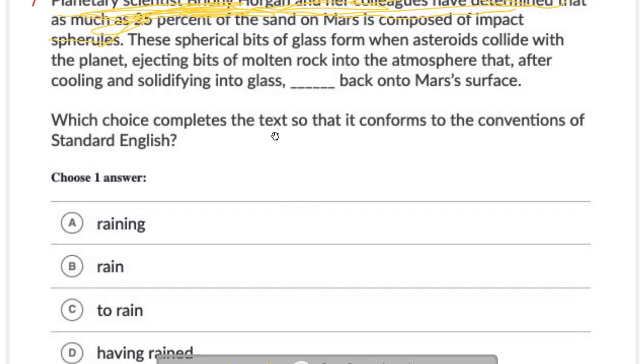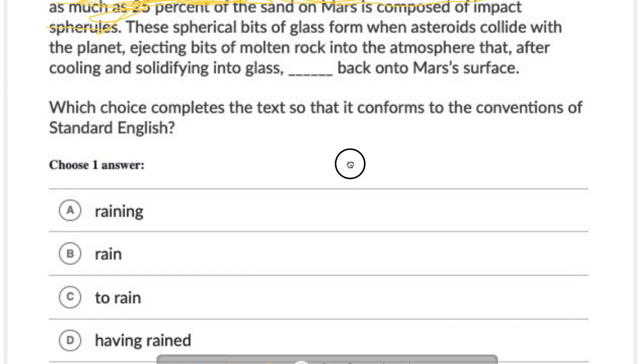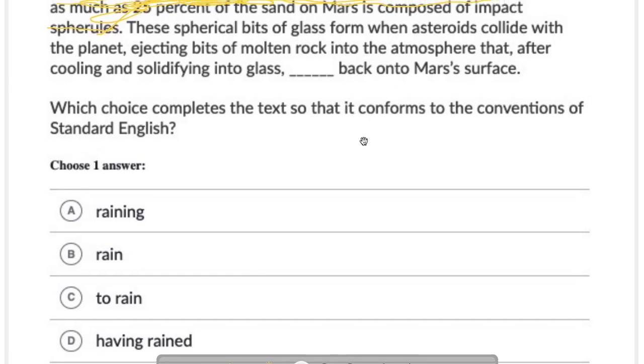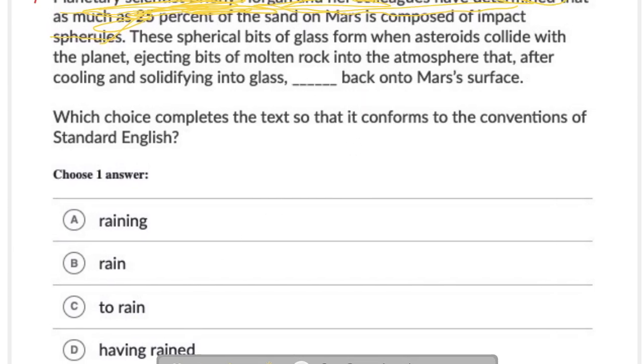Okay, these spherical bits of glass form when asteroids collide with the planet, ejecting bits of molten rock into the atmosphere that, after cooling and solidifying into glass, blank back onto Mars' surface. Okay, so you might already know what the answer is, but I'm just going to go ahead and simplify things by crossing out the interruption.